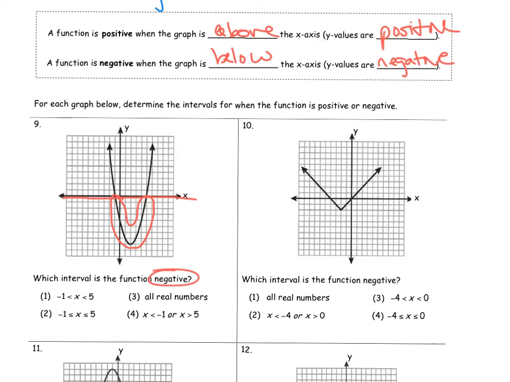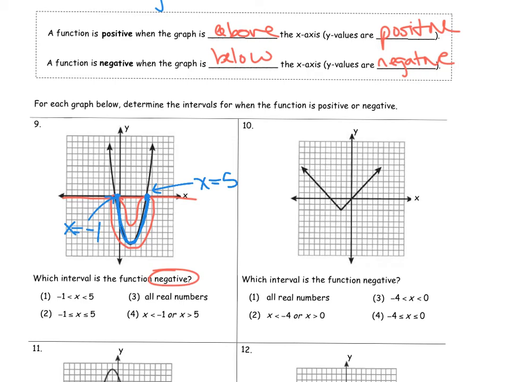Well, let's see. We're always looking with respect to the x-axis. So this point right here, let me label that. So this point right here, we have x is equal to -1. And then my x value here is equal to 5. So I'm looking at all of my x values being between -1 and 5.